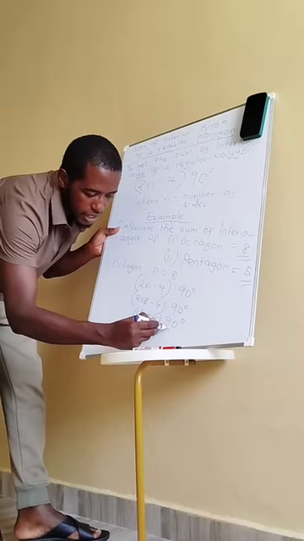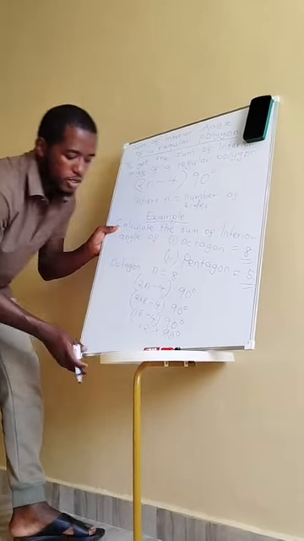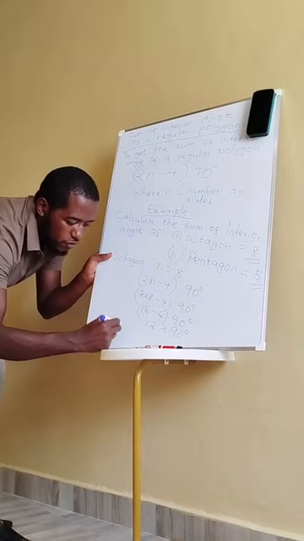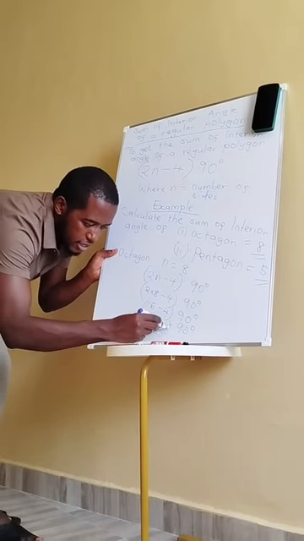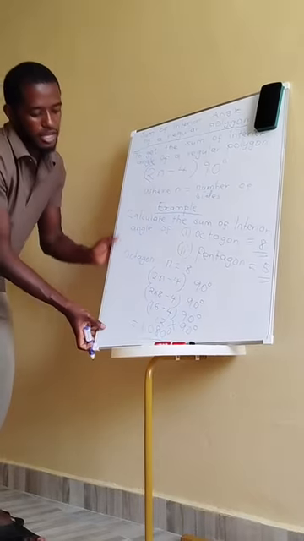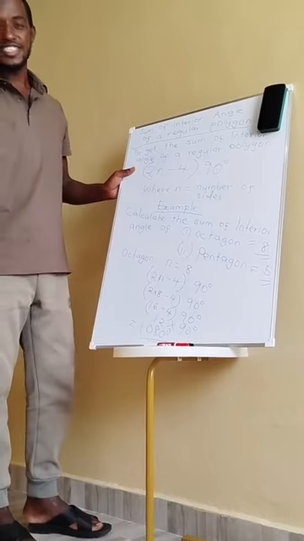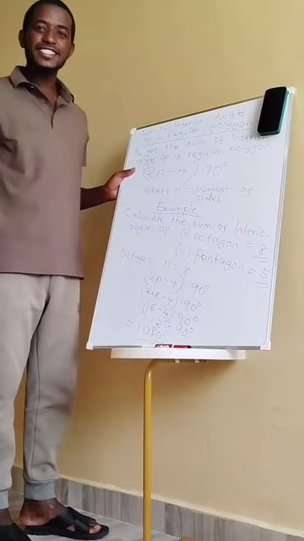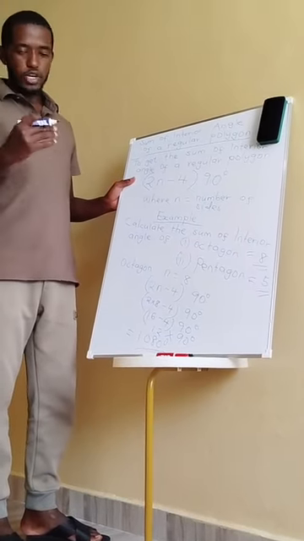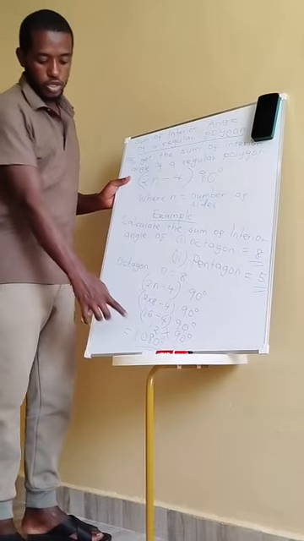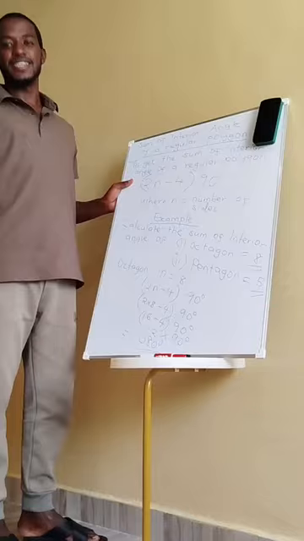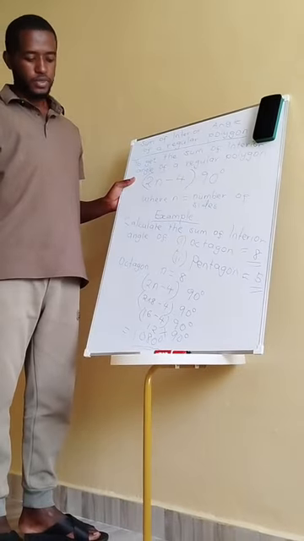So times 90 degrees. And 12 times 90 will give you 1080 degrees. Therefore, the sum of interior angle of an 8-sided polygon, that one is an octagon, is what? 1080 degrees. Are we together?